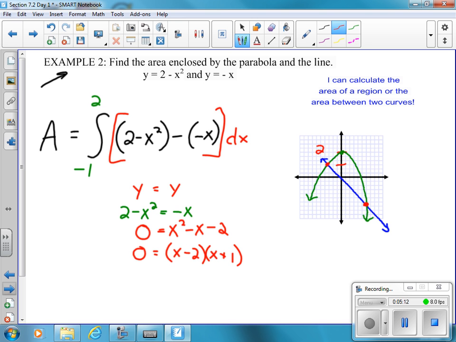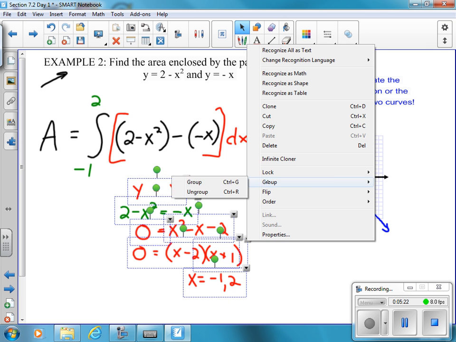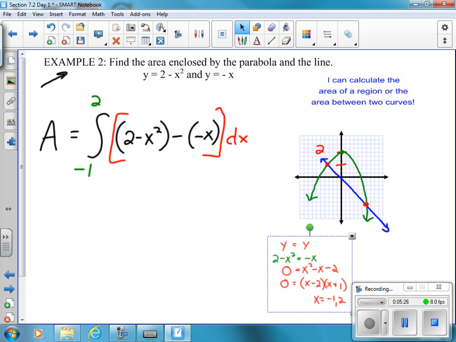Which gives us our 2 points of intersection, x equals -1 and 2, which become our 2 limits of integration. So that is where those came from, which is important to know.